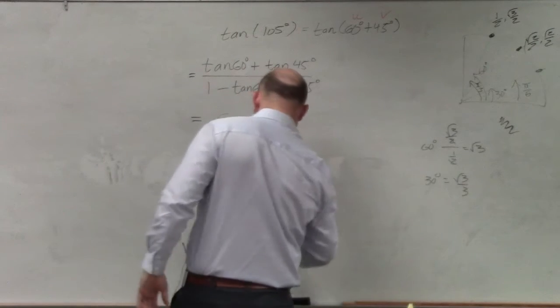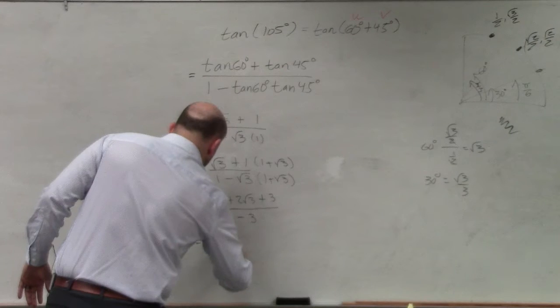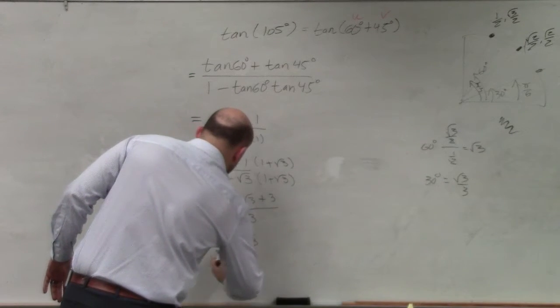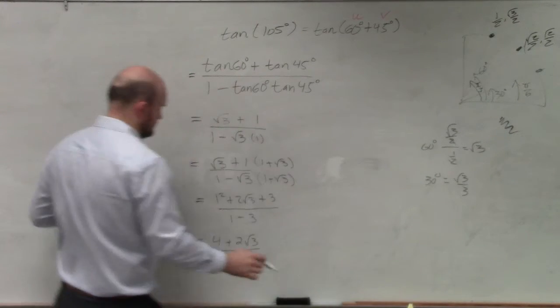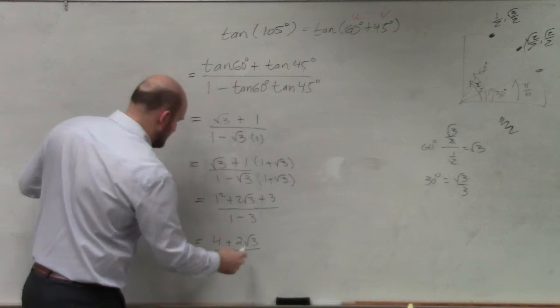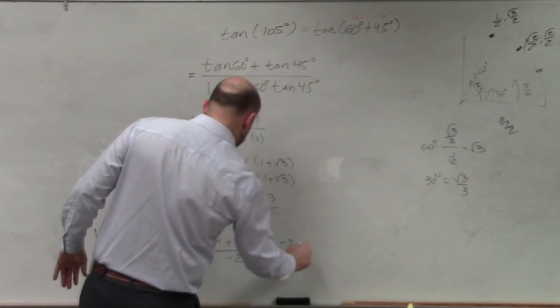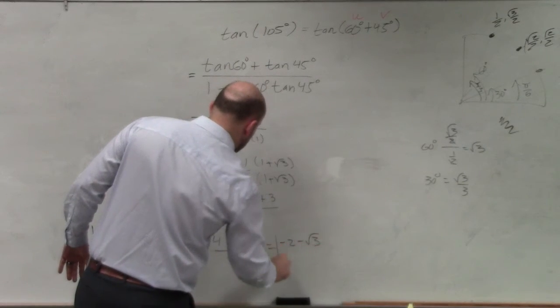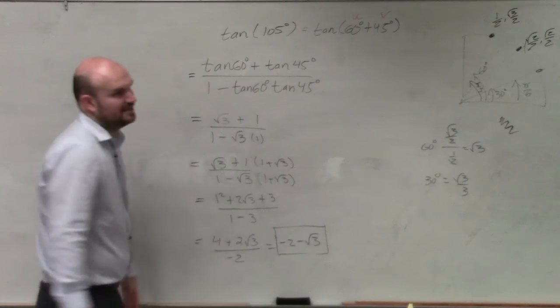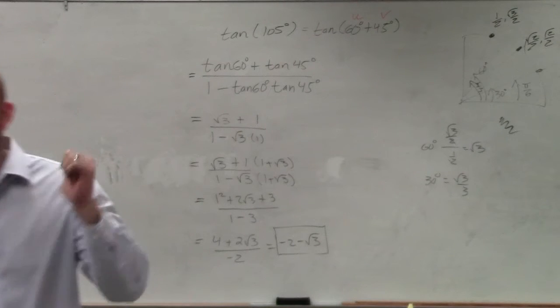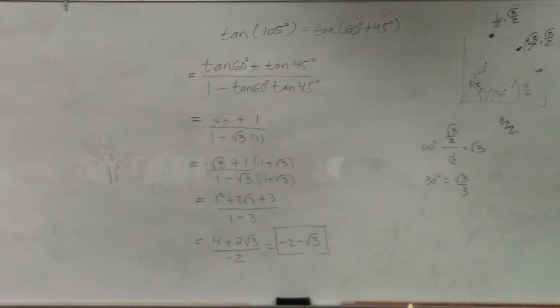So therefore, this now equals 4 plus 2 square root of 3 all over negative 2. And then now you can divide everything out. So your final answer, which you would see as an answer selection, is going to look like that. It's not going to look like the answer of just evaluating. Okay? Now, I did skip some steps.